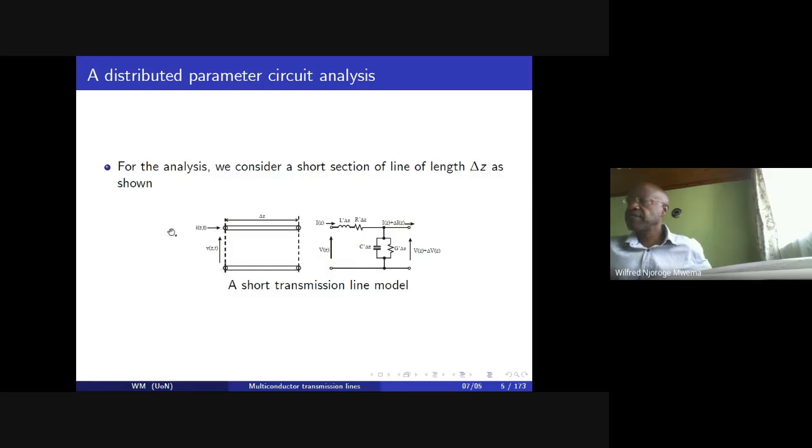The current wave comes from the left and enters our section as I of z, t, and at that point we also have a voltage V of z, t. It leaves the section as I of z plus delta z, t, and the voltage will be V of z plus delta z, t at this point.